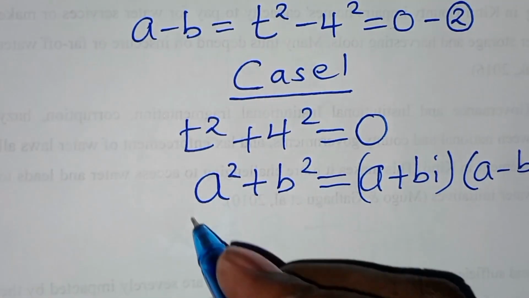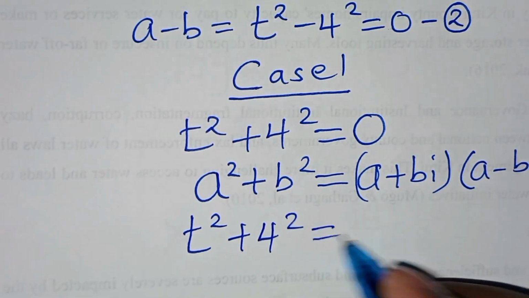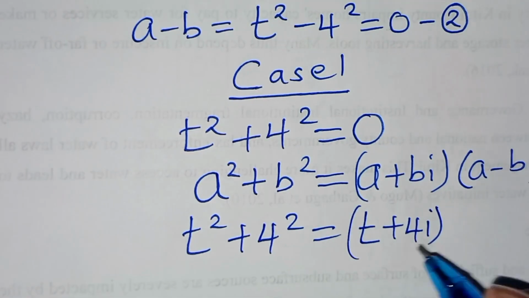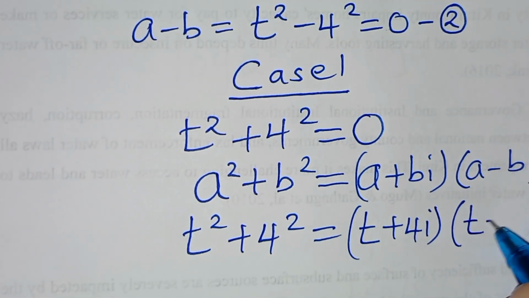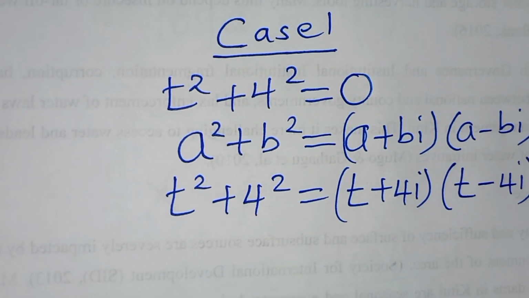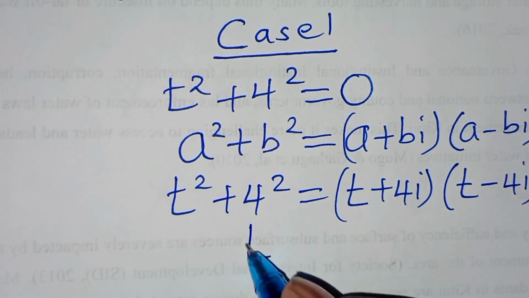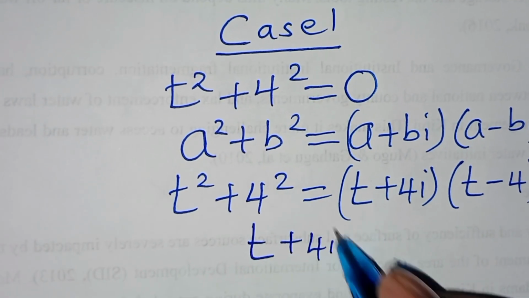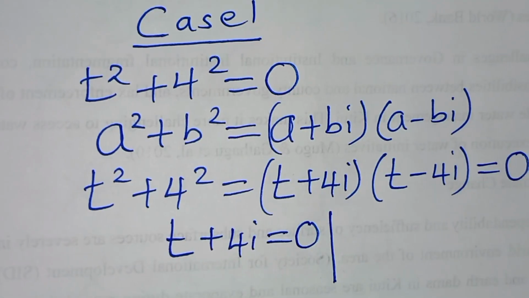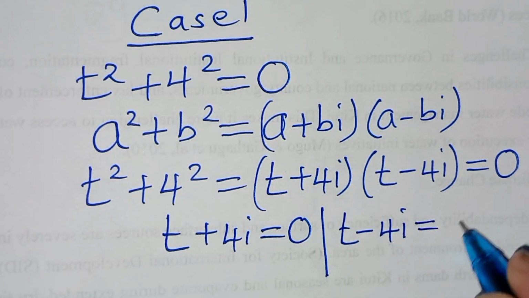So this implies that t squared plus 4 squared is the same thing as t plus 4i, and then here we have t minus 4i, and this is equal to 0. So this implies that we have two parts here. The first part is t plus 4i equal to 0, and the second part here is t minus 4i equal to 0.